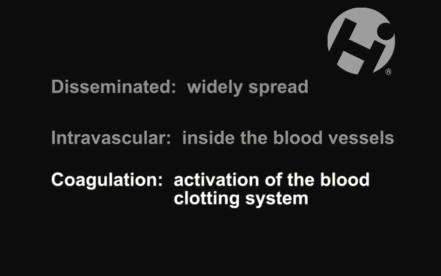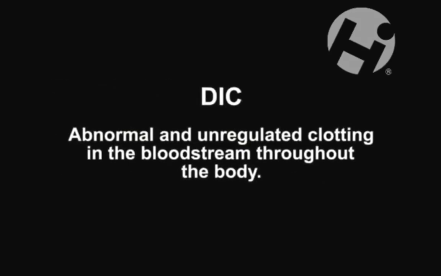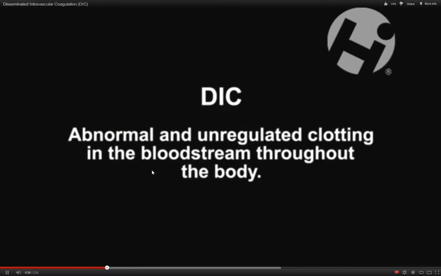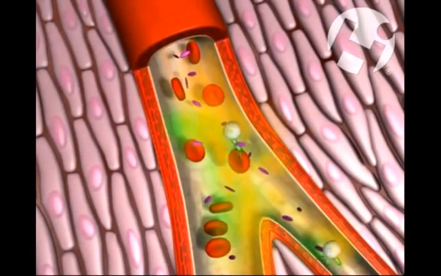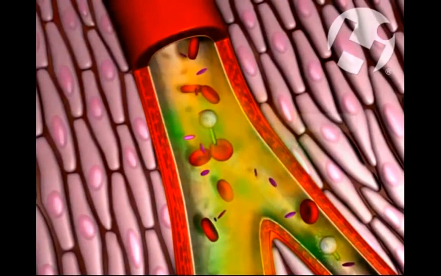Where's the clotting happening? So the clotting is happening throughout the bloodstreams in the body. We have clotting at the same time you're bleeding to death because all those clotting factors are getting used up. The fibrinogen is getting used up.